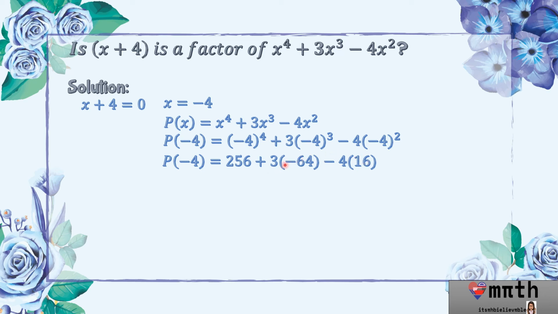And 3 times negative 64 is equal to negative 192, while 4 times 16 is equal to 64. 256 minus 192 minus 64, that will be equal to 0. So, from there, since our remainder is equal to 0, we can say that x plus 4 is a factor of the dividend x raised to 4 plus 3x raised to 3 minus 4x squared.